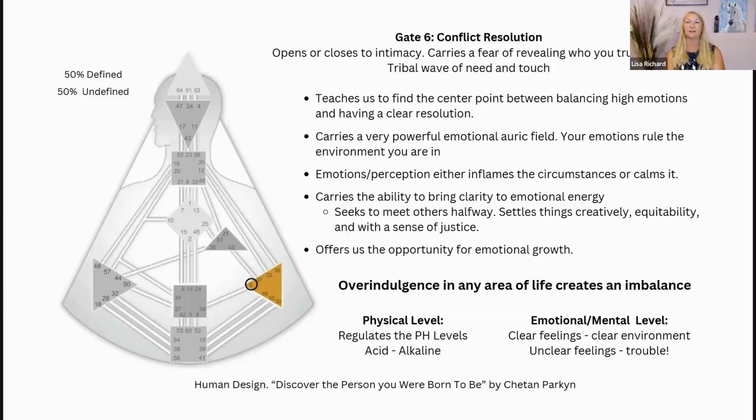And that means also including yourself in that equation. So not seeing yourself as separate from finding the balance and a resolution for all that is around you. So this is offering us an opportunity for emotional growth.